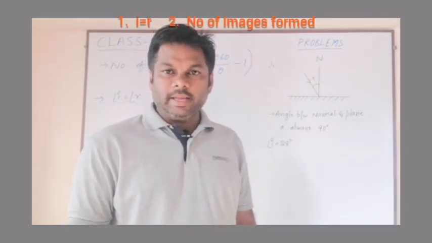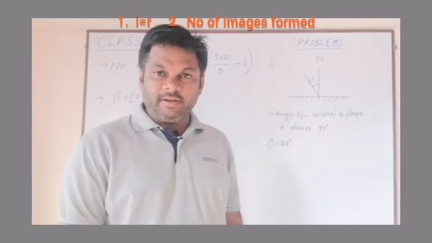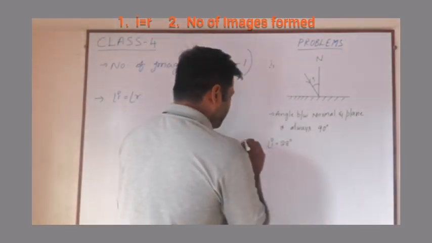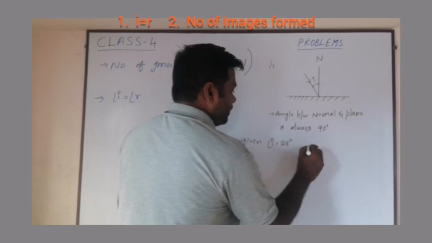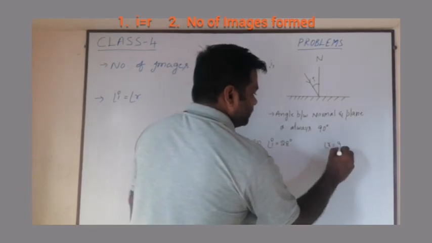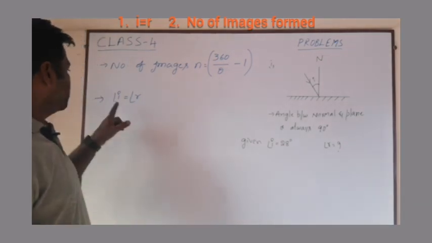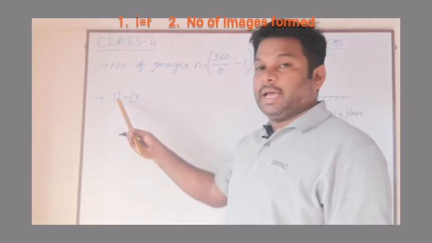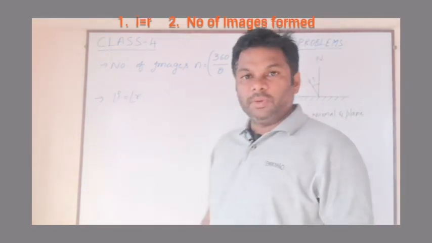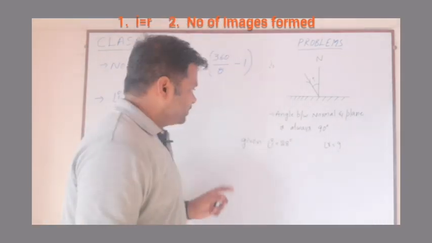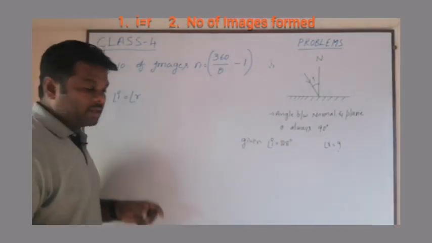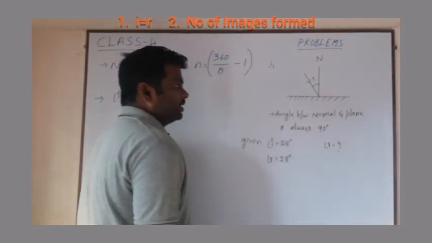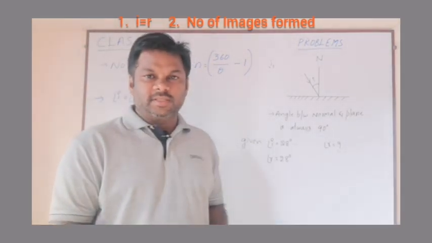Then find the angle of reflection. This is your problem. This is given, and he is asking how much the angle of reflection is. According to the first law of reflection, the angle of incidence is always equal to the angle of reflection. So with the help of this principle we can write that the angle of reflection is also 28 degrees. This is a simple problem.